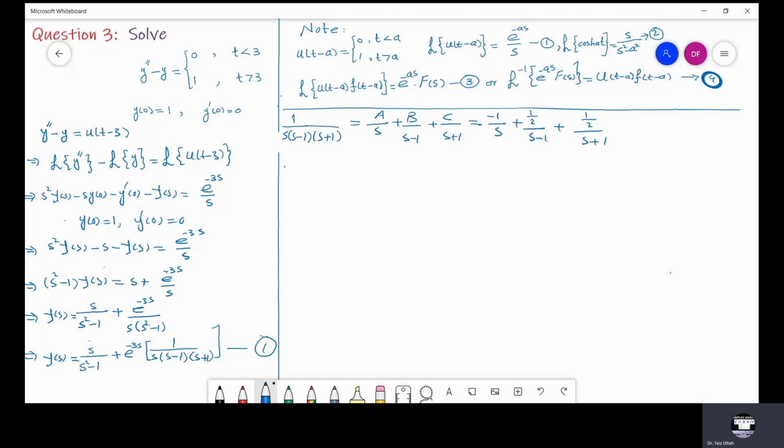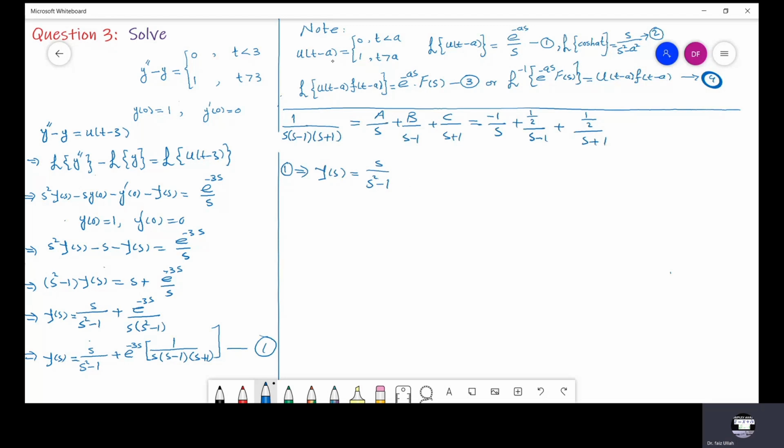Putting these values in 1, we have y of s, which is equal to s over s square minus 1 plus e power minus 3s into minus 1 over s.